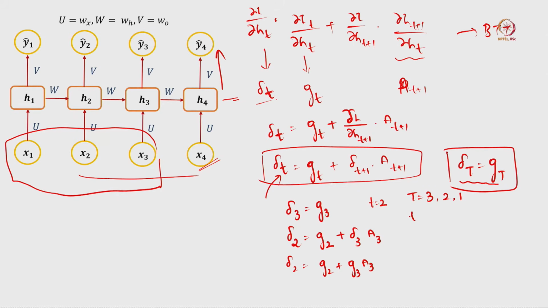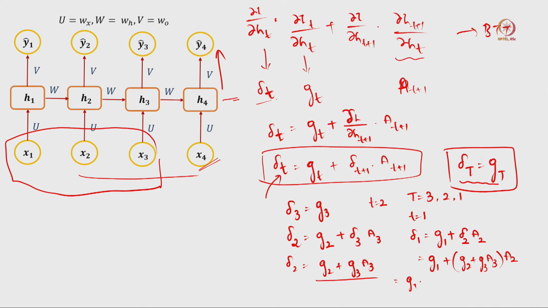Now, when t equal to 1, substitute the formula values back: G1 plus delta 2 A2, since 1 plus 1 is 2. Delta 2 is this formula, so substituting, G1 plus G2 plus G3 A3, times A2.